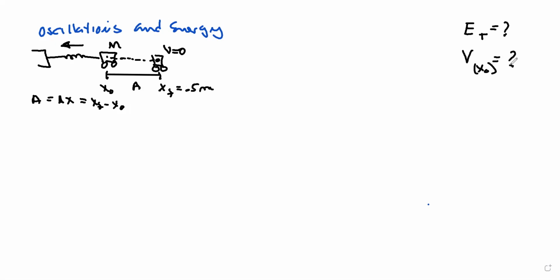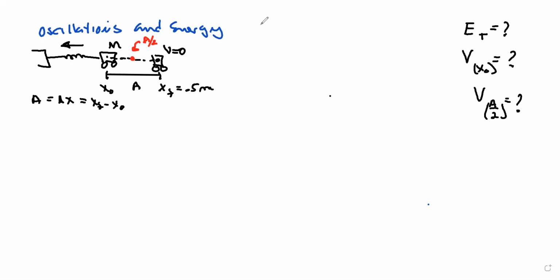And we want the velocity when it passes through a point halfway of the amplitude, this red point, A divided by 2. So let's do all this.